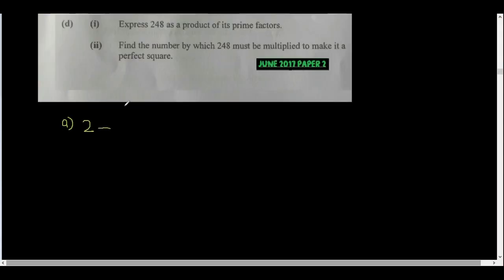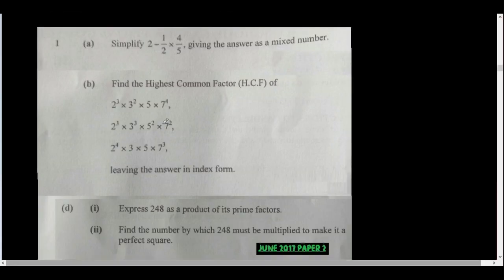For the last questions, we start with A. Minus half, 1/2 multiplied by 4/5.